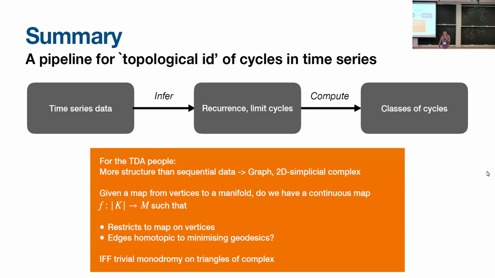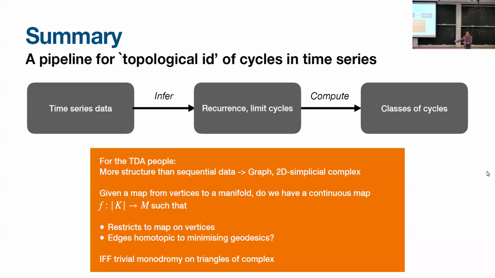And if there are people in the audience who are interested in further questions, this leads on to TDA. This whole thing about a path is really just a path graph and a map of this path graph into some manifold. That's what we've been discussing. The vertices map onto points on my manifold, so it contains a map from the geometric realization of the path graph to the manifold.